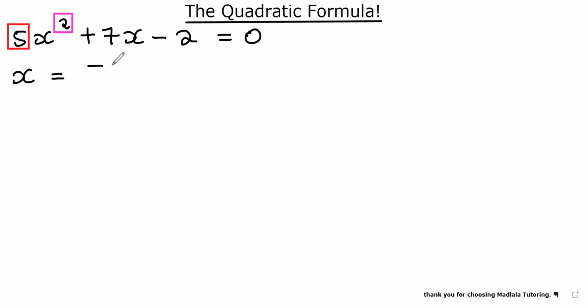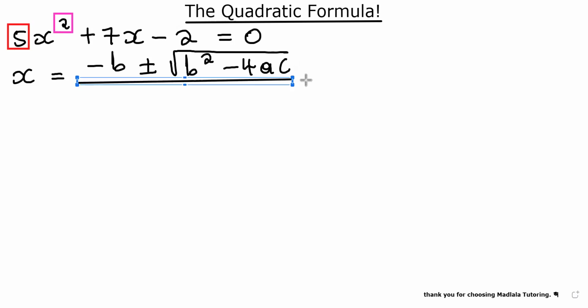So it says x equals negative b plus or minus square root of b squared minus 4ac. And of course, everything is divided by 2a. All right? Okay. Now the question is, what is a, b, and c?